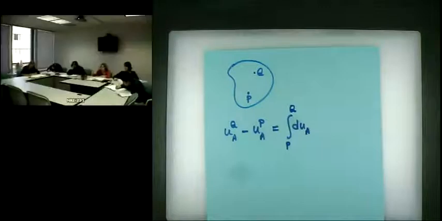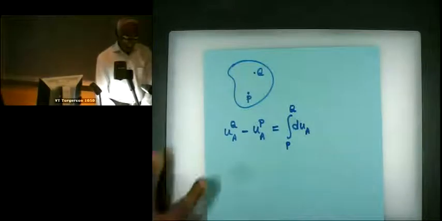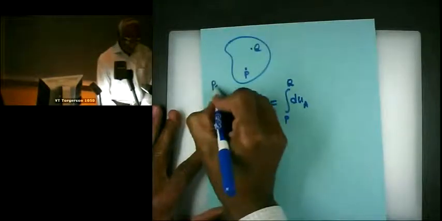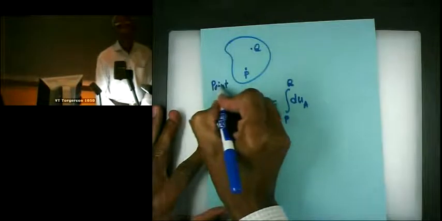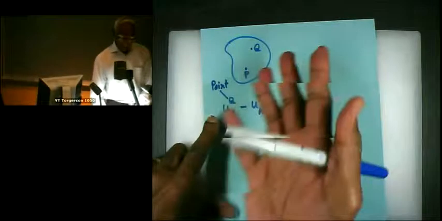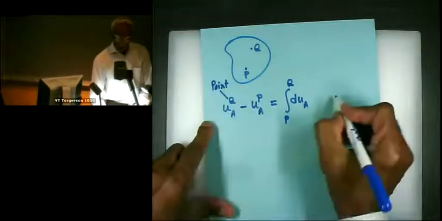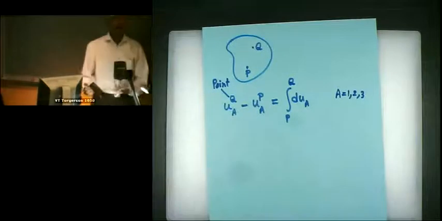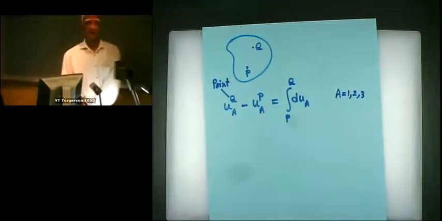Could you explain the notation UAQ again? Sure. Q is the point, and this indicates displacement at point Q. A is 1, 2, and 3, which means we are talking about the x, y, or z component of displacement.